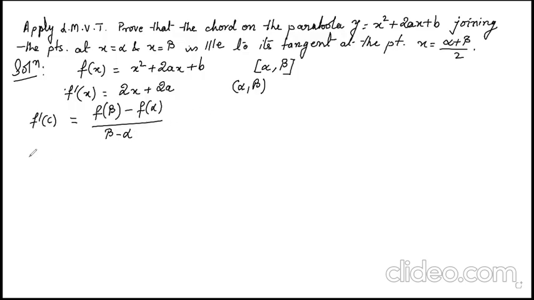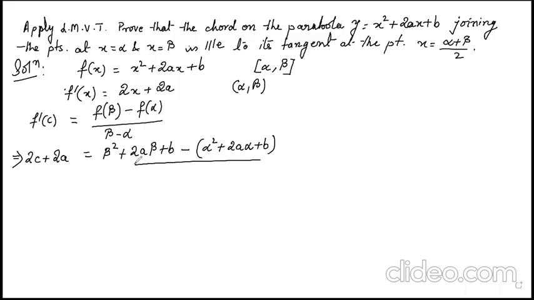Let us proceed. f dash c will be 2c plus 2a. f(beta) is f(x) with x replaced by beta, so it is beta square plus 2a beta plus b, minus f(alpha), which is alpha square plus 2a alpha plus b, divided by beta minus alpha.